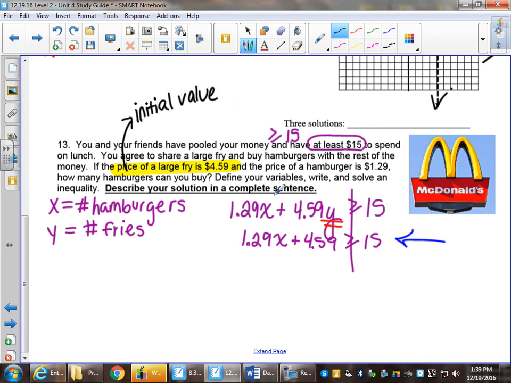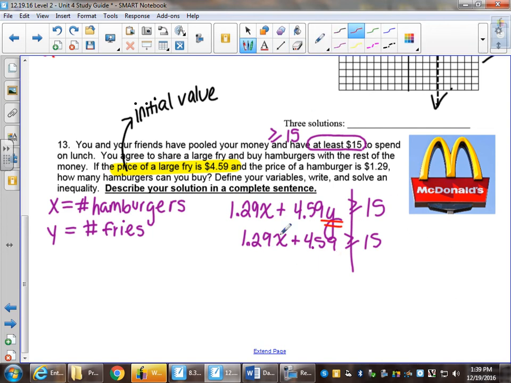So you decide. If you are more comfortable writing $1.29x plus $4.59y greater than or equal to 15, and say you're only buying one, so that just becomes $4.59, awesome. If you identify $4.59 as an initial value because you're only buying one of them, plus some number of burgers you don't know, that's fine too. Both work. Both are going to get us to the same spot.